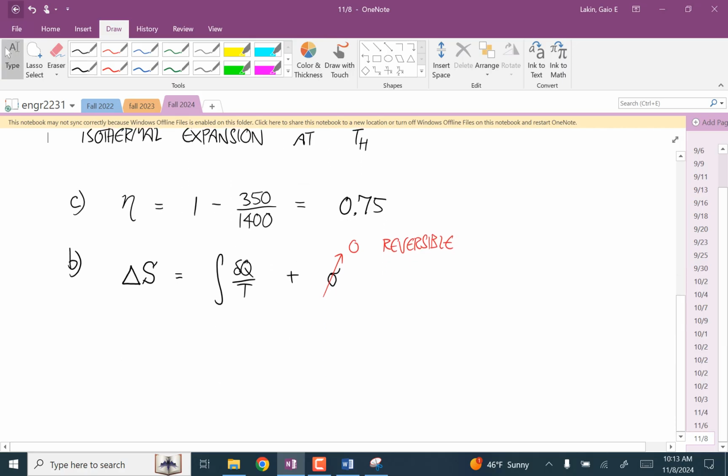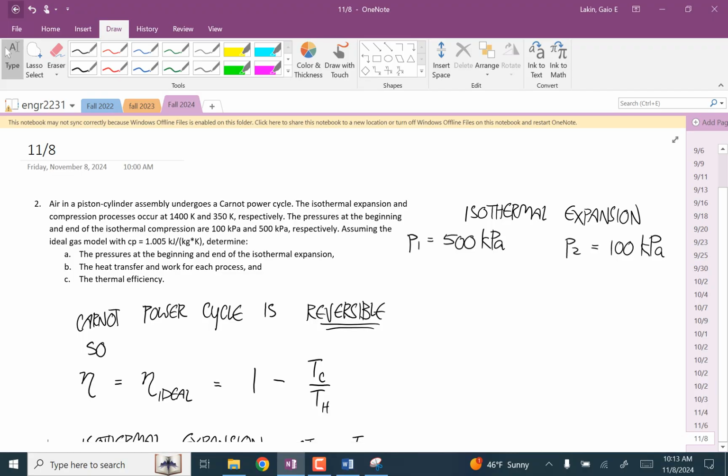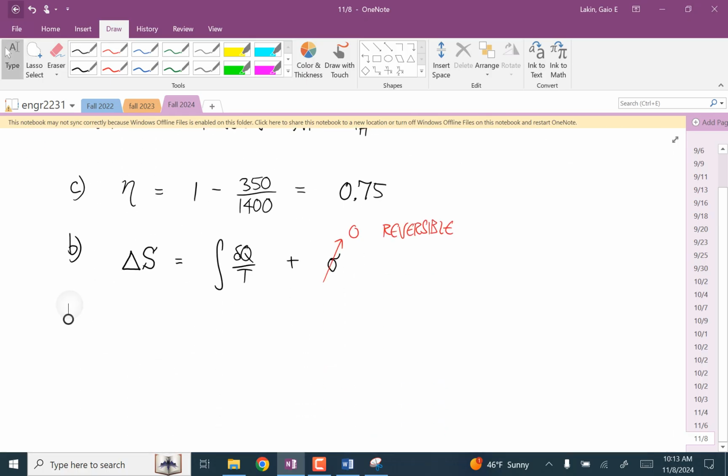And does it say the mass? No. So the change in entropy is equal to the mass times the change in specific entropy.